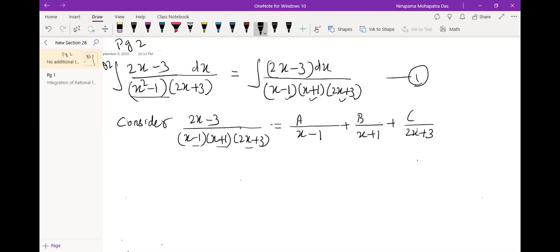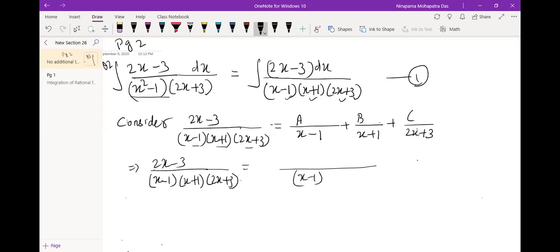So now this implies 2x minus 3. I'm writing in a bit of detail so that it will help you in catching the steps. This is equal to, here the LCM is x minus 1, x plus 1, 2x plus 3.